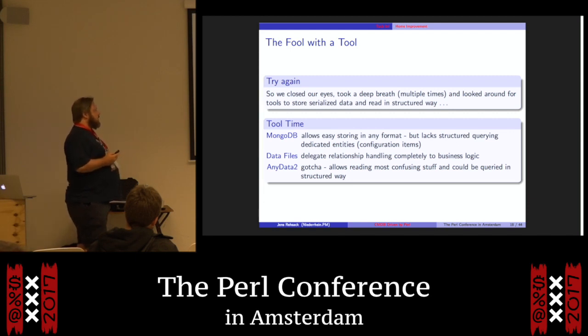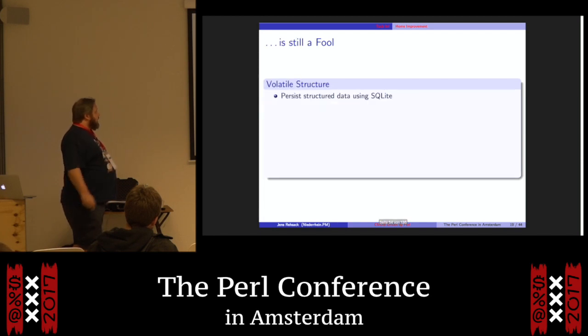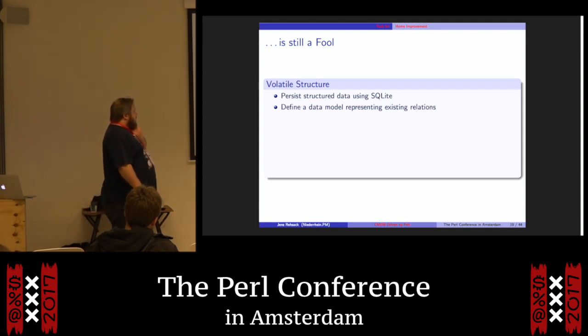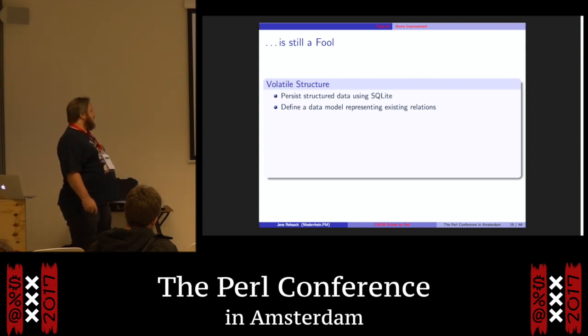So this was our goal for the tool. But AnyData does not persist. So we persist the volatile structure from AnyData in SQLite. Define then a data model for the relations.